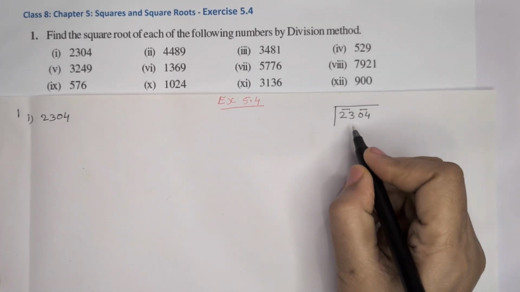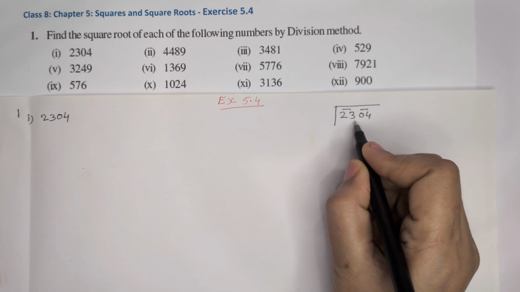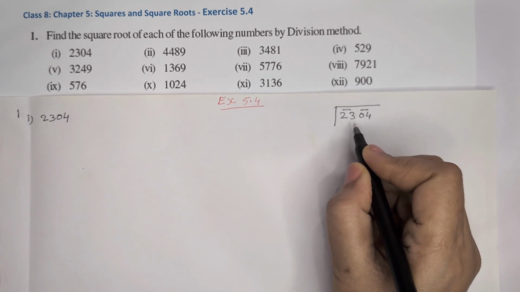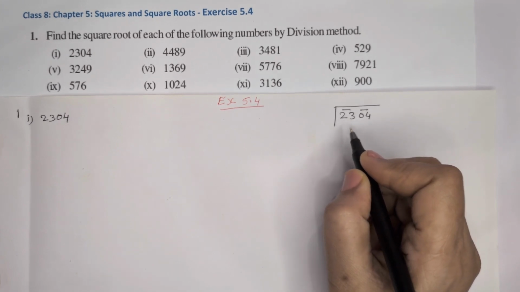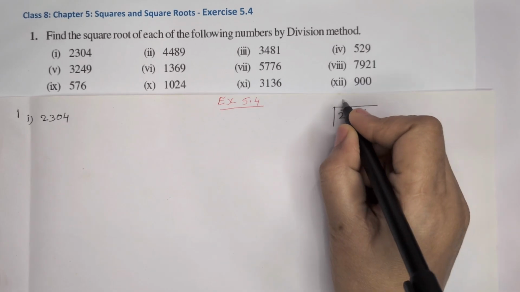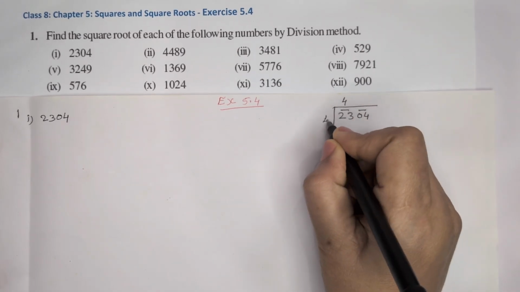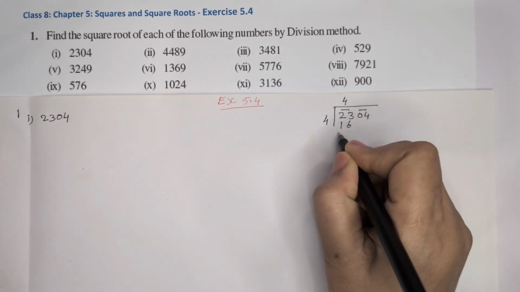And take the first group 23, and below 23 find the perfect square number. Perfect square is 16. That means 4 into 4 is equal to 16.